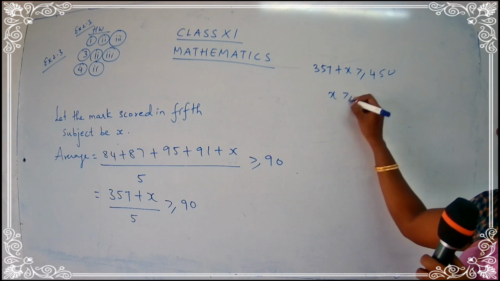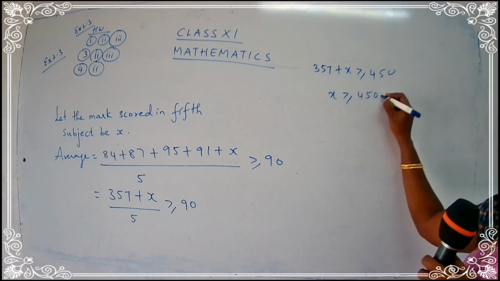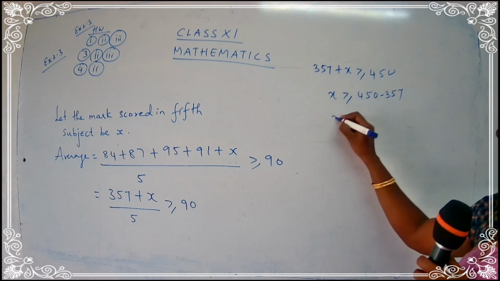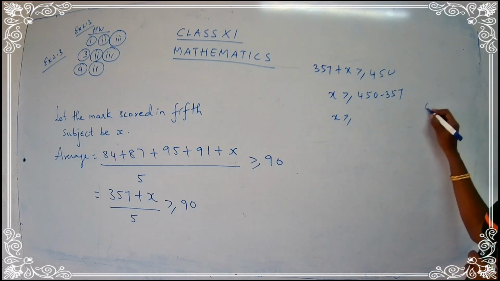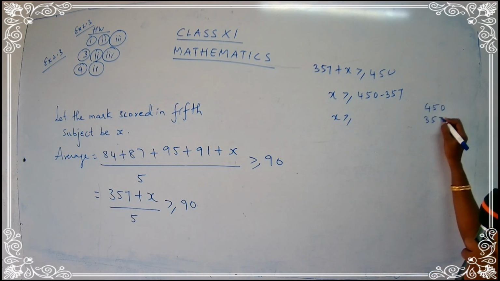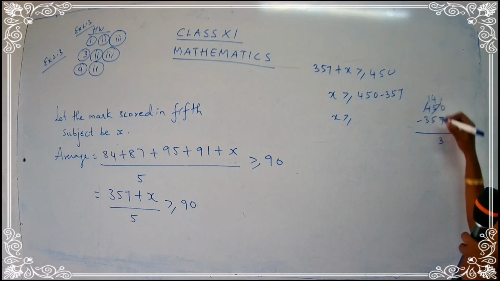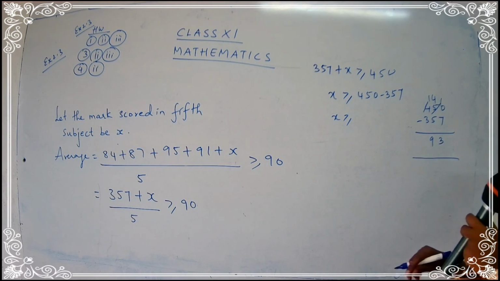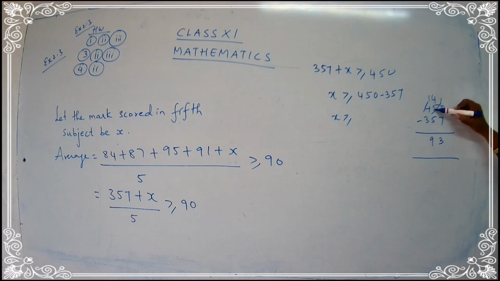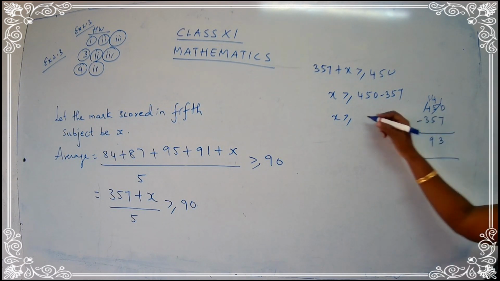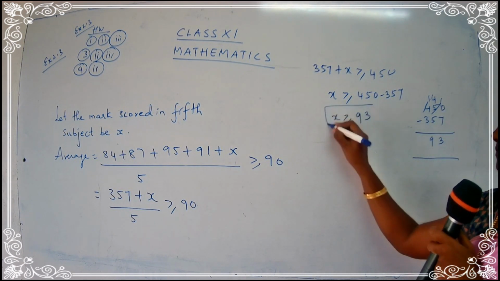So x is greater than or equal to 450 minus 357. 10 minus 7, 3. Borrowing 1 from here, 14 minus 5, 9. So x is greater than or equal to 93.